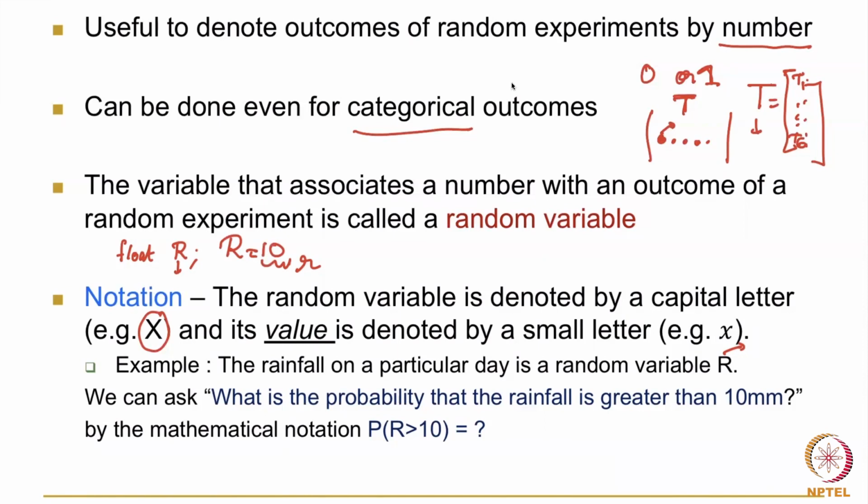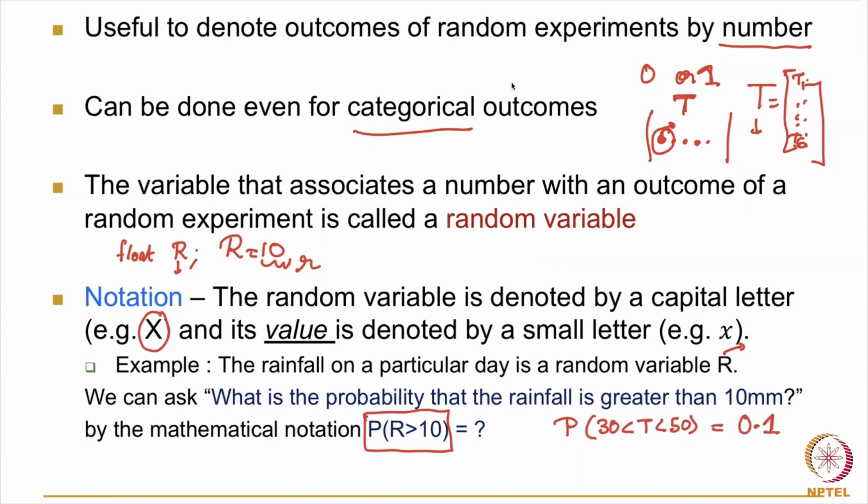For example, if I ask what is the probability that the rainfall is greater than 10 mm, I will denote it by this notation: P(R > 10) equal to what? I could also ask what is the probability that the temperature at this point lies between 30 degrees and 50 degrees. Let's say this is 0.1.